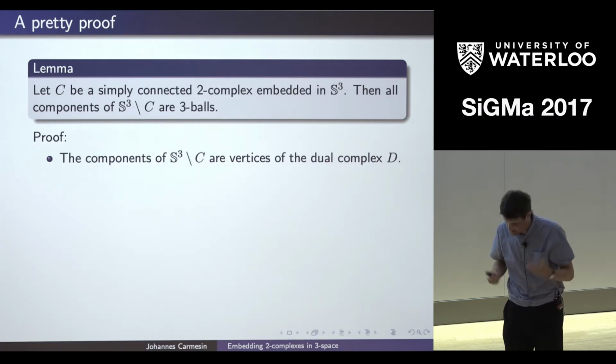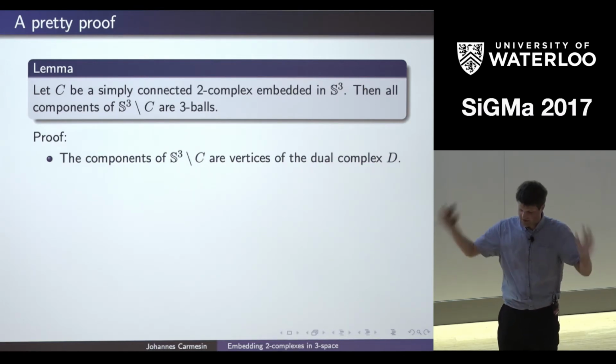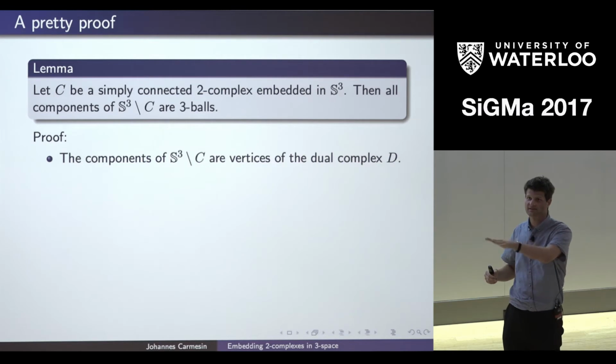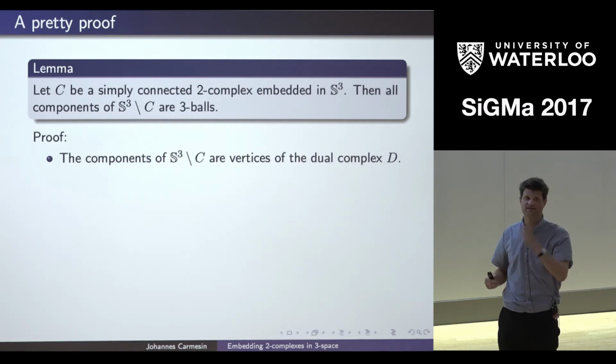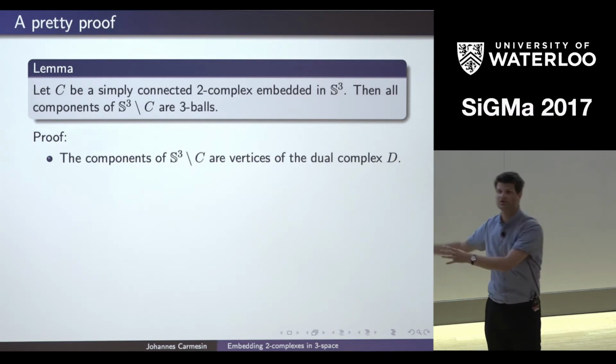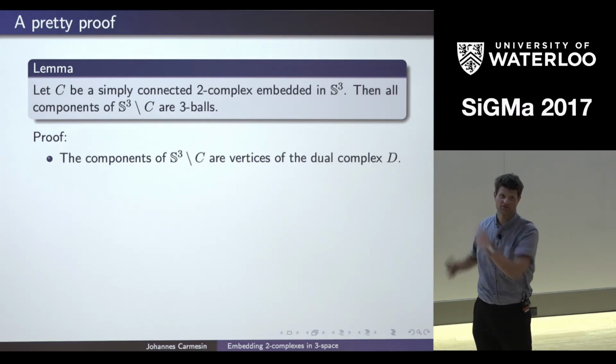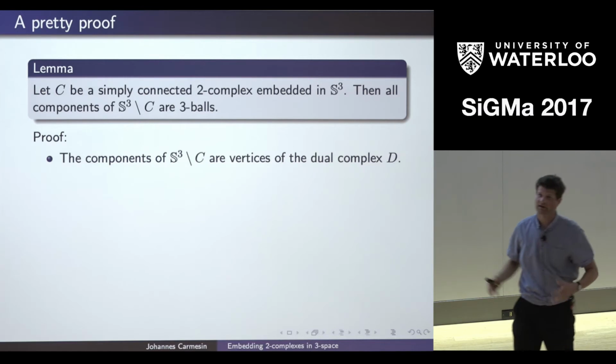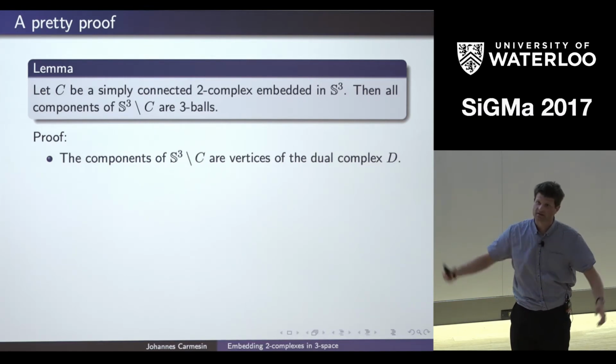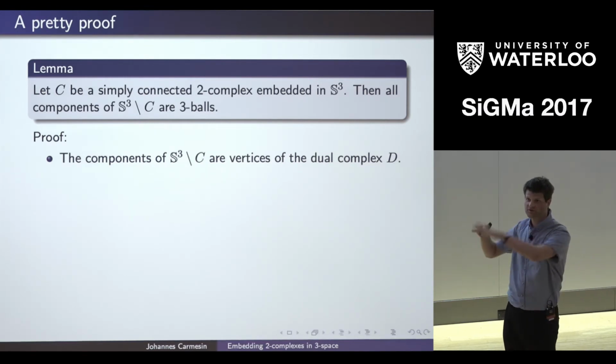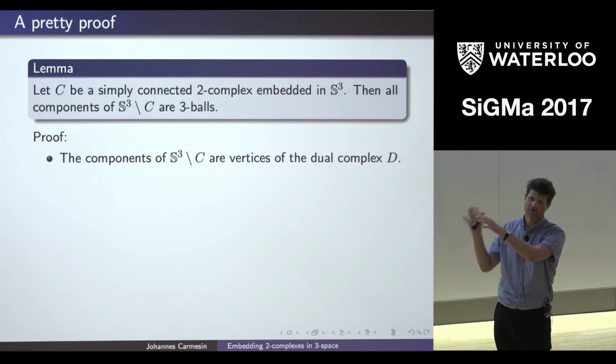Just to say it differently, you start with the dual graph, and now you add some faces, and the edge-face incidence relation in the dual complex is the same as in the original complex, but with edges and faces interchanged. And whenever you have a 2 complex embedded in 3-dimensional space, you can also construct from this an embedding of the dual complex.